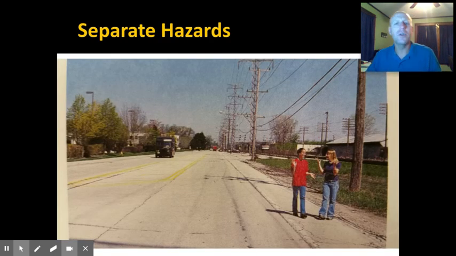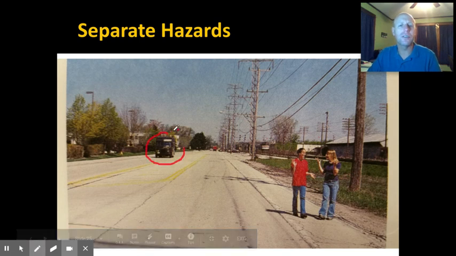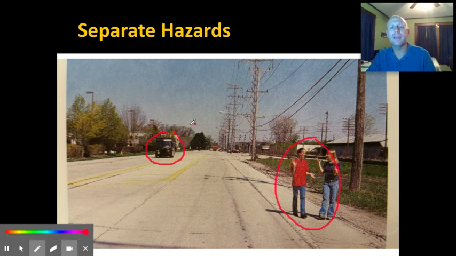So here we have the concept of separate hazards. So we have two separate hazards here. Here's one hazard, this truck coming towards us, and here's another hazard, these pedestrians. And so the idea of separating a hazard is that if we can, we don't want to encounter these two hazards at the same time.